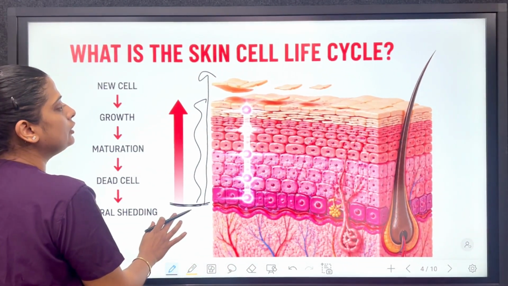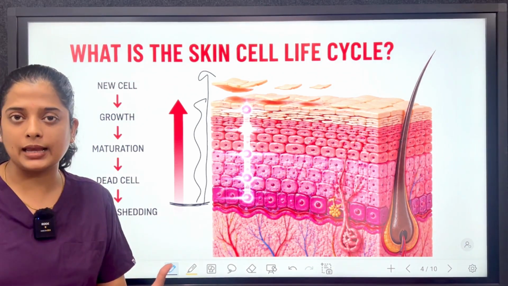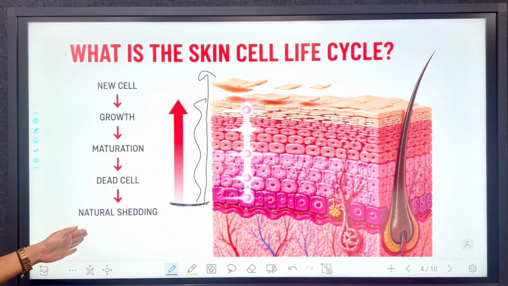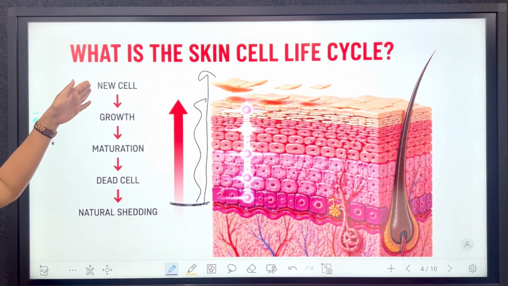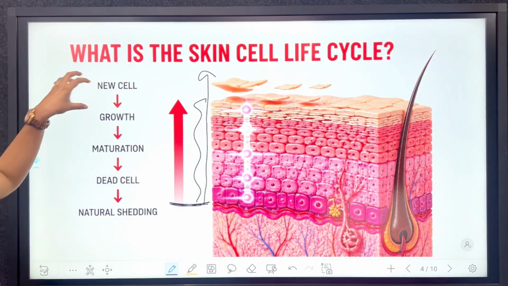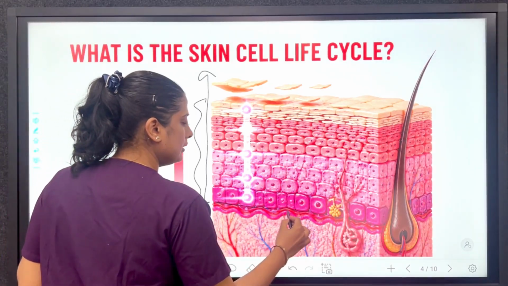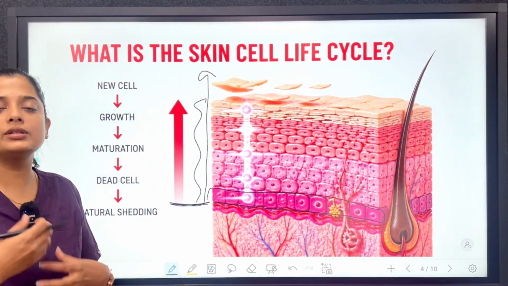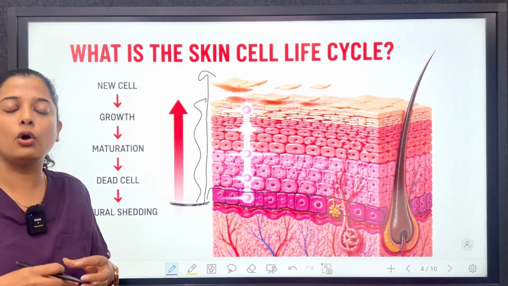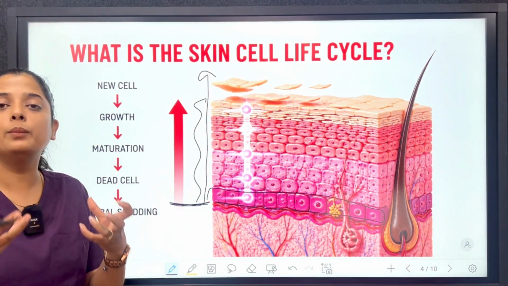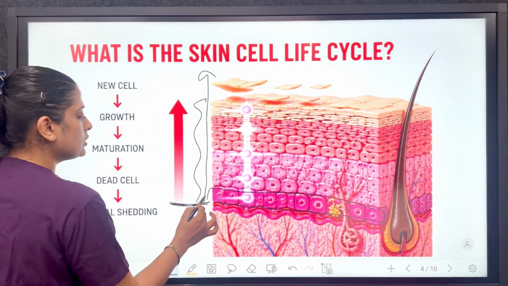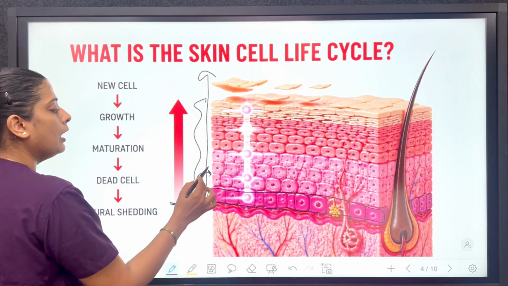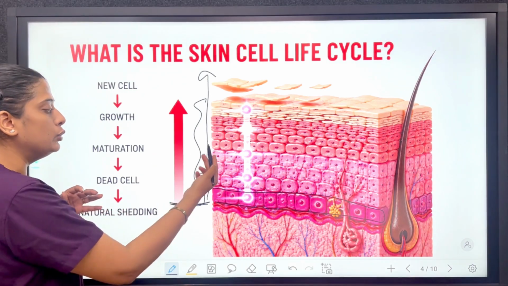Correct? Now, when we are talking about the skin cycle, understand the basic concept over here. We are talking about a new cell. A new cell generates here in the basal layer. A new cell is divided, it multiplies and gives birth to a new cell. Now, this new cell gradually moves above. It grows in maturity and moves above.